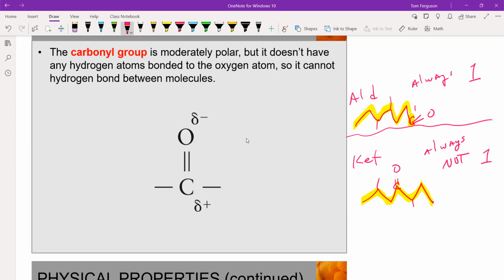With a ketone, because it's in the middle, it can never be 1. But the carbon that the double bonded oxygen is attached to has to be among the carbons on the backbone. Okay, does that help? Yes, a lot. Thank you. Cool.